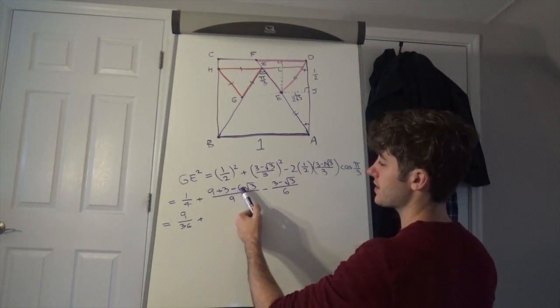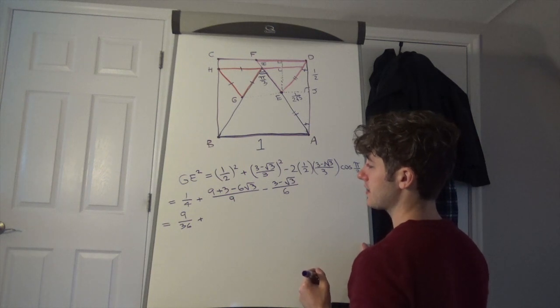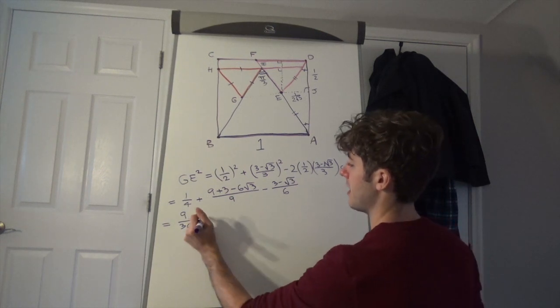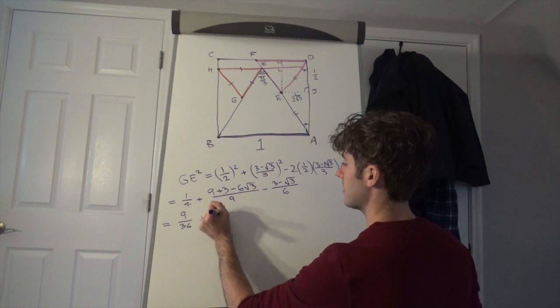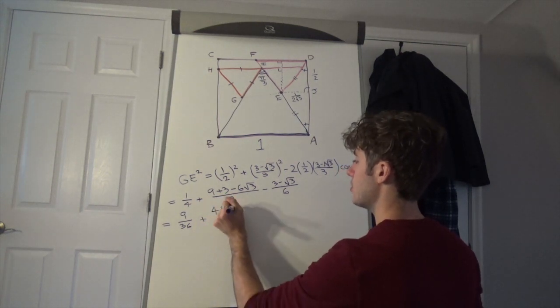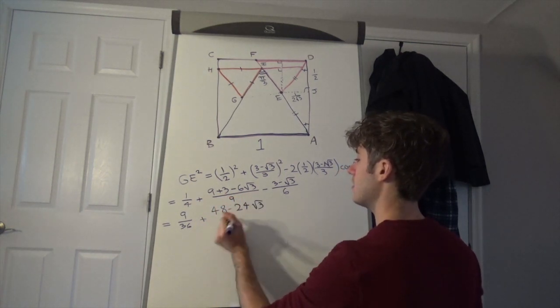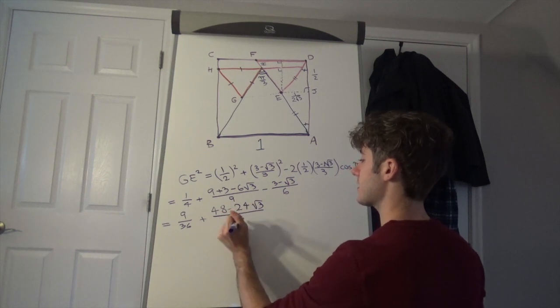I have 12 minus 6 root 3 on top, so if I multiply the top and bottom by 4, I get 48 minus 24 root 3 over 36.